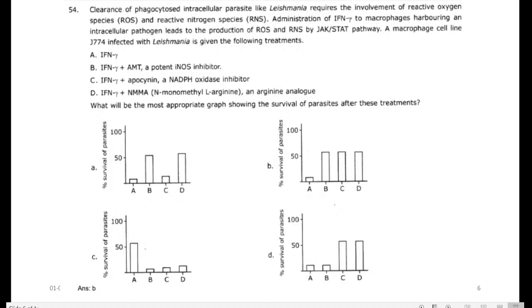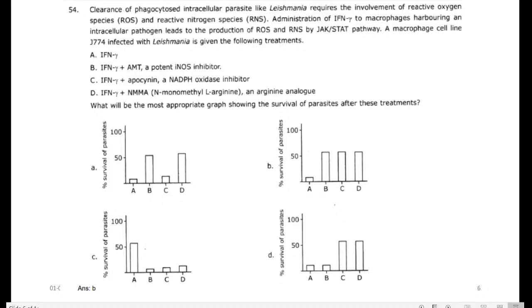Then another statement they provided: administration of interferon gamma to macrophages harboring the intracellular pathogen leads to production of ROS and RNS. So whenever you add interferon gamma, that activates the macrophage, and they utilize the ROS and RNS.